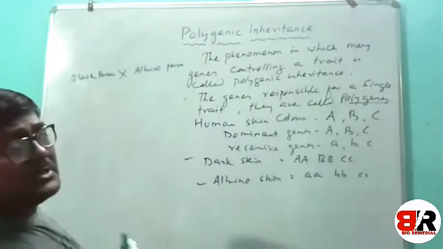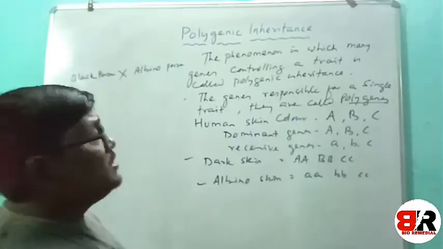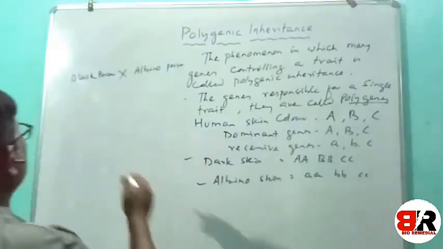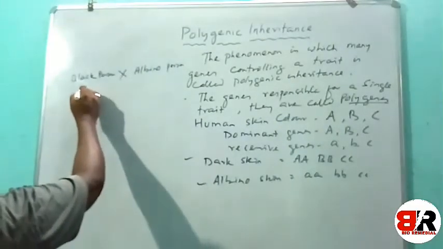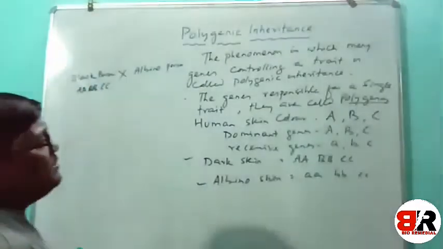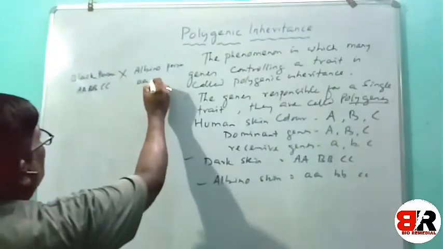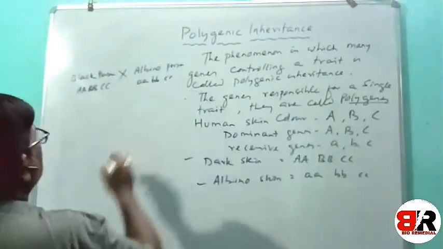The black person means a person with black skin, and the other has albino skin. Suppose they are crossed, then capital AA, capital BB, and capital CC, the 3 pairs of genes controlling the black skin, are crossed with small aa, small bb, and small cc.